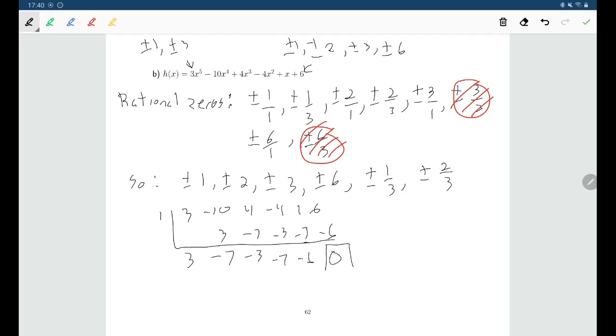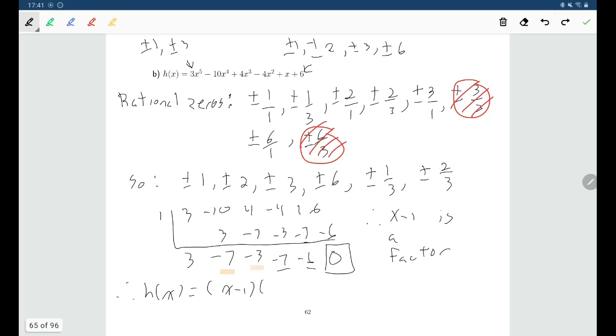Oh, and there we go. That turned out really nicely. So that means that h of x will have x minus 1 as a factor. And that h of x then can factor out as x minus 1 times what's left over, which would be, that's constant, x, x squared, x cubed, x to the 4.